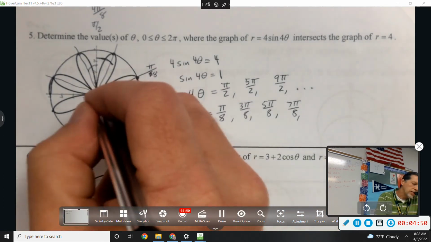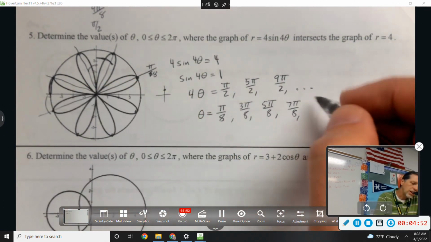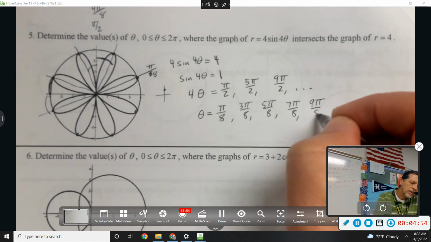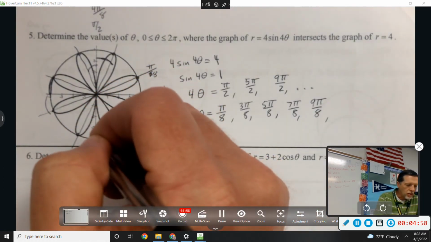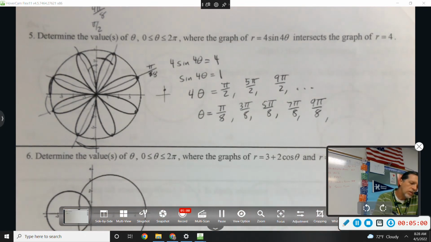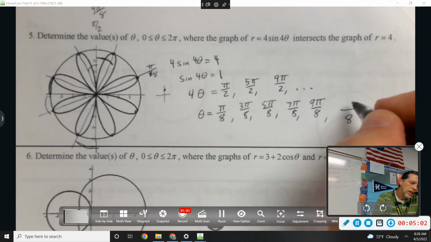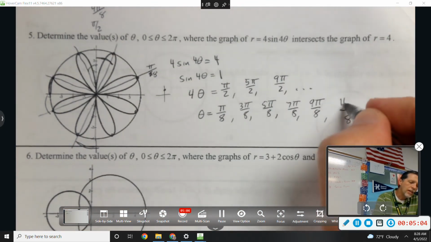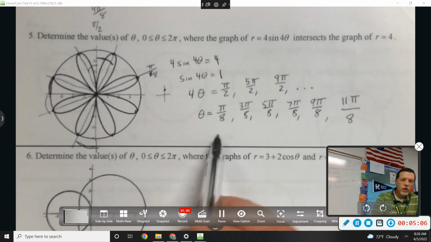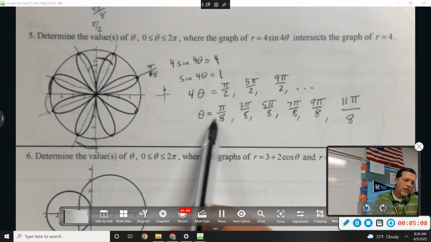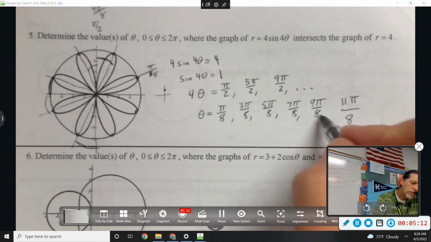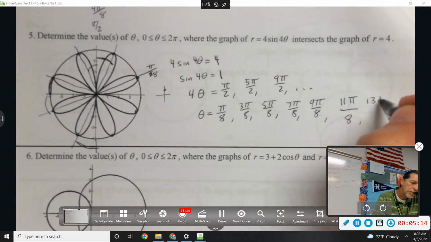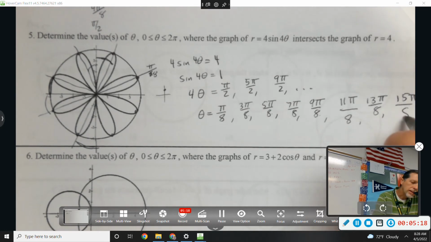And then pi over 8 past pi would be 9 pi over 8. And then almost 3/2 would be, let's see, 12/8 would be 3/2, so 11 pi over 8. Or I guess I could pay attention and realize all my answers are 2 pi over 8 apart. 13 pi over 8, and 15 pi over 8.